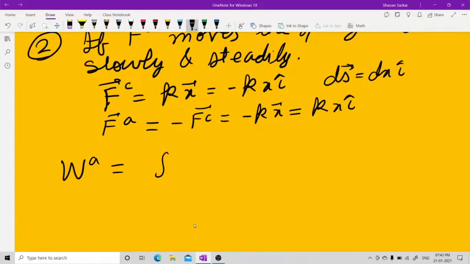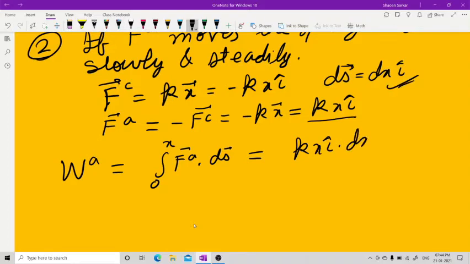So W applied is equal to the integral of Fa vector dot ds from 0 to x. Fa is Kx i cap dot, and we know ds is dx i cap, from 0 to x.